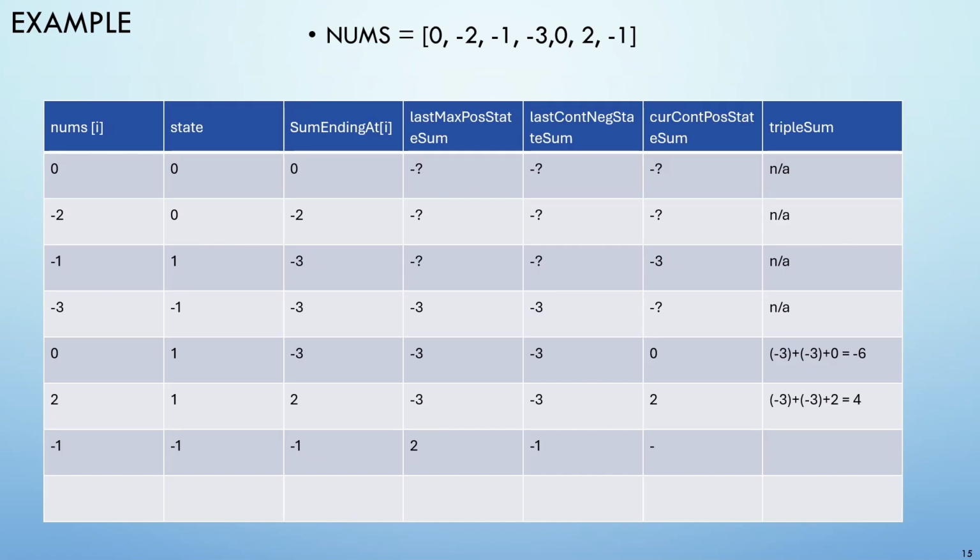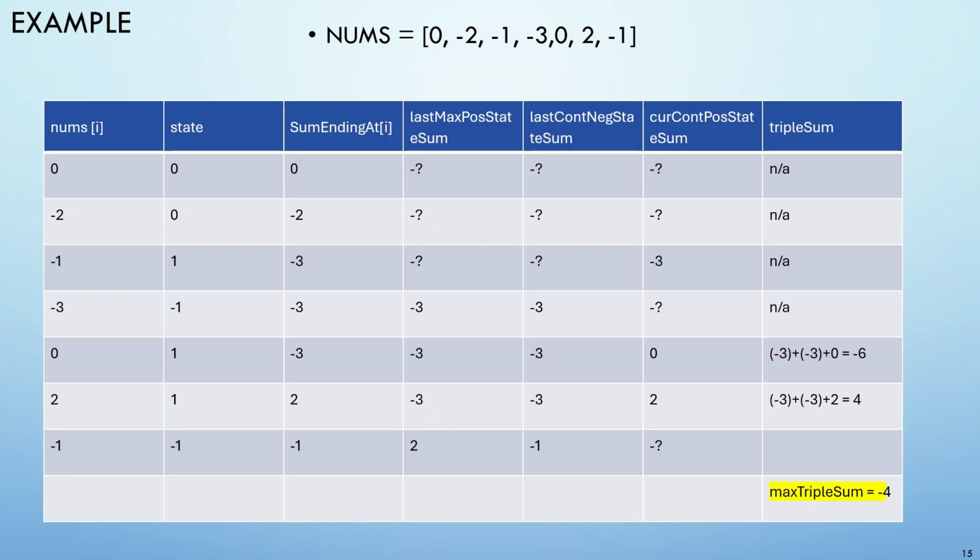And the current continuous positive state sum would be reset, because now we are no longer in the positive state, so it will be minus infinity. And since we do not have all the three segment sums available, the triple sum will be not applicable.